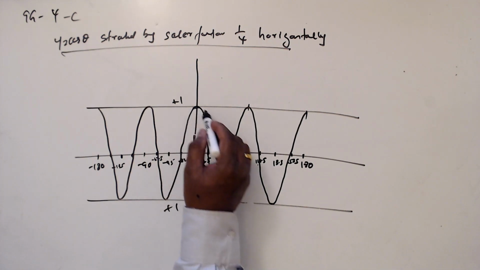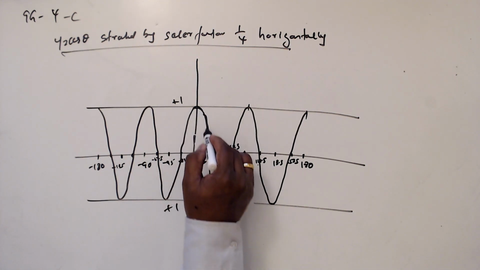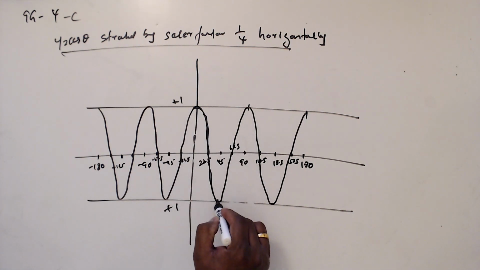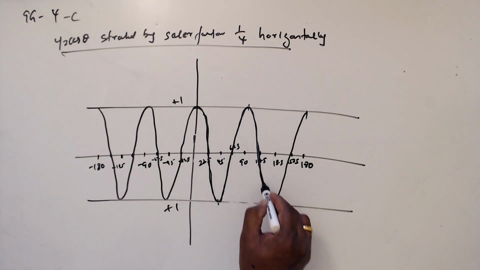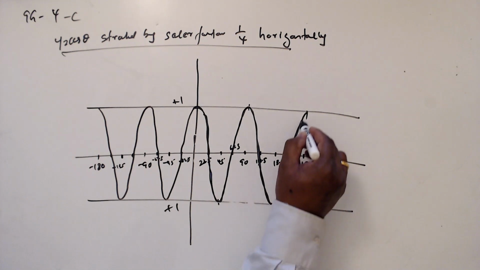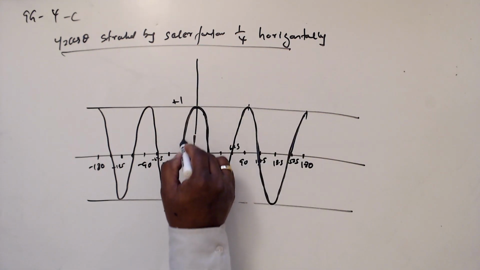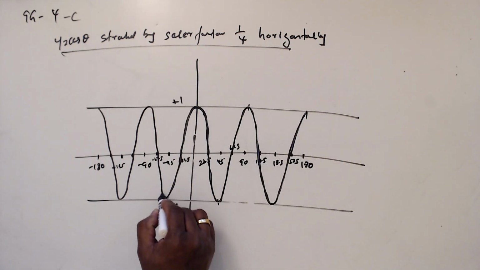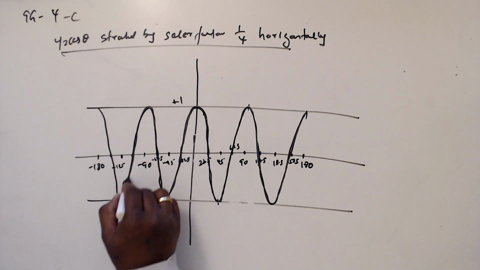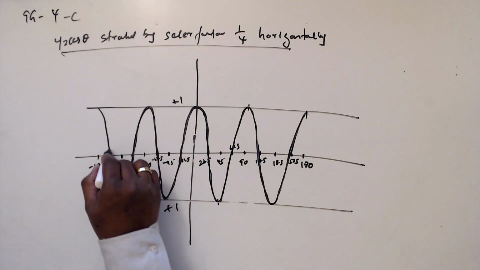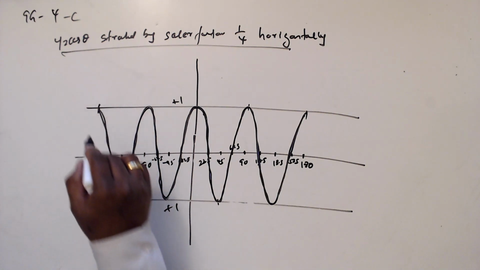So I draw this graph starting from 22.5 and 67.5 like this, and end up here, and this is minus 22.5, minus 45 achieved, and like this.